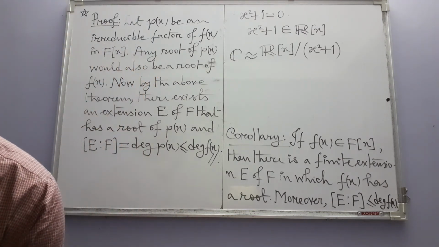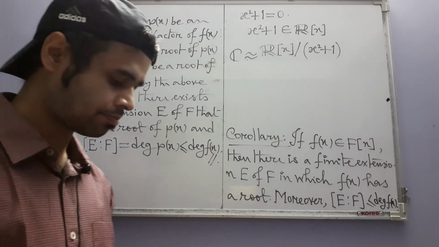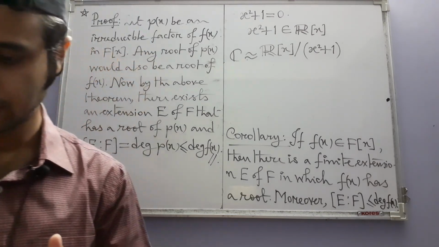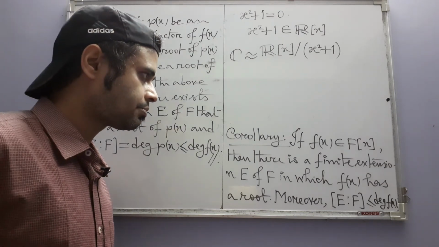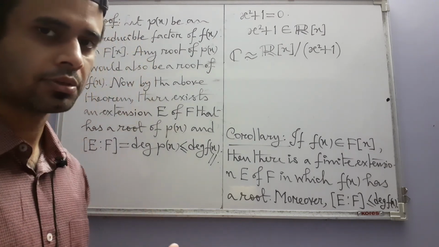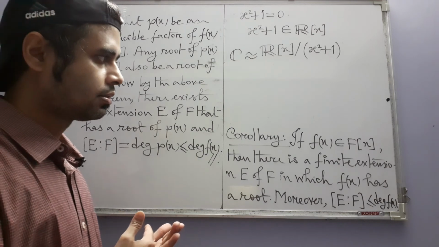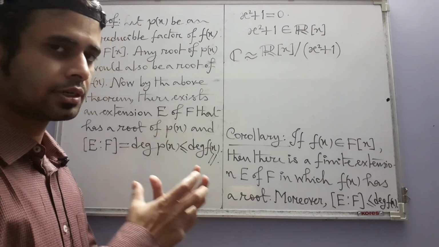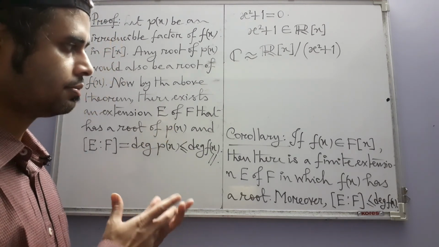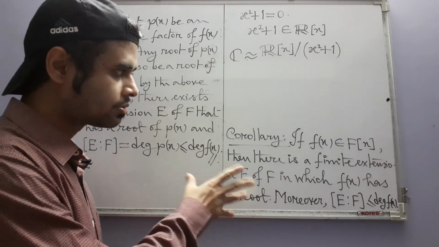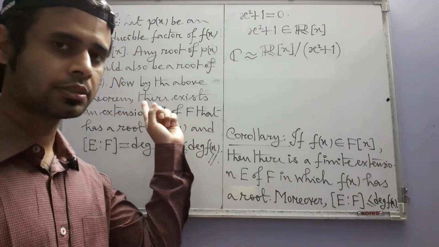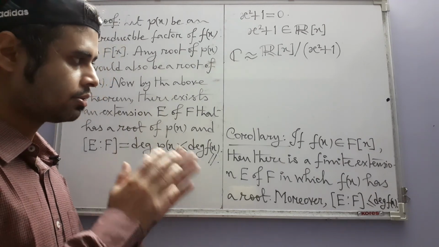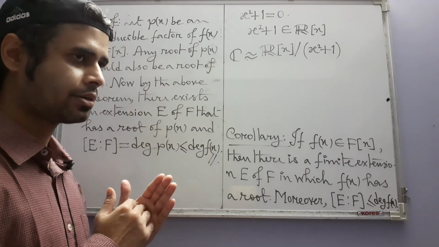In the next field theory video, we will see that not just one root, we can in fact have a finite extension which has all the roots of a given polynomial. We have already proved in the previous field theory video that a polynomial of degree n can have at most n roots.